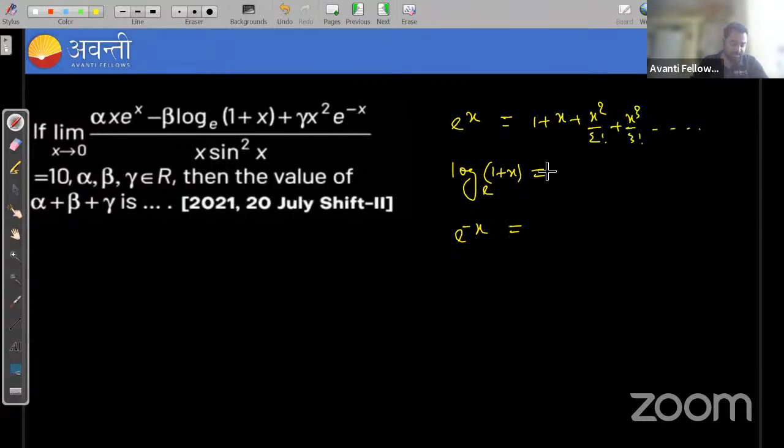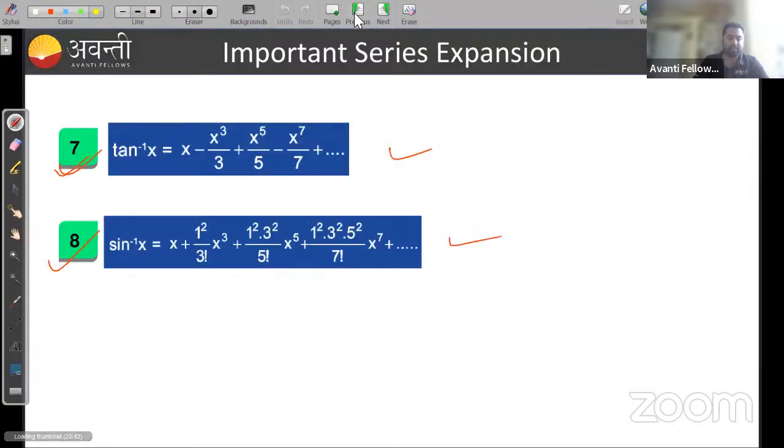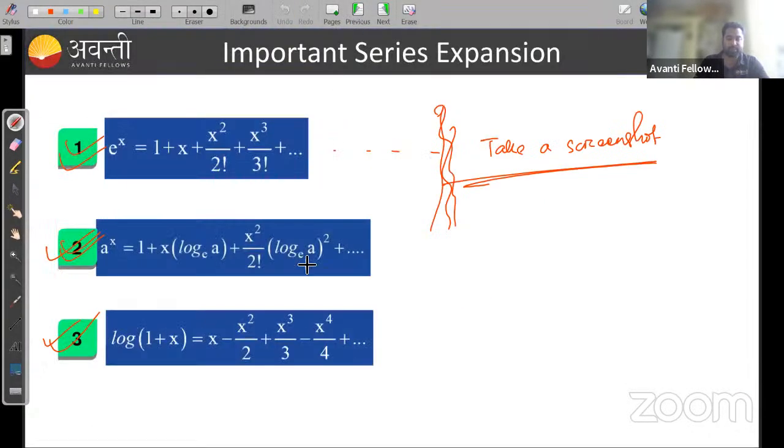And log of 1 plus x will be x minus x square by 2 plus x cube by 3 and so on, minus x to the power 4 by 4, all these things. The third one is e raised to minus x. Simply you can take the minus sign here. Okay, this is the expansion, na? Log, yeah, x minus x square by 2. Yes, okay. These expansions we are using in this question.